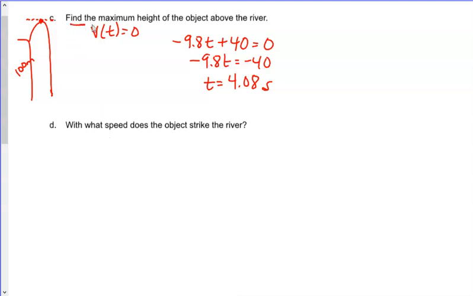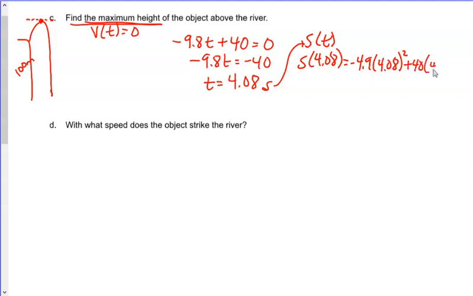But notice the question said find the actual maximum height. So I know a time at which it occurs. If I'm looking for height, aka that is the position function. Okay? So we need to plug that into S. So we need S of 4.08, which is negative 4.9 times 4.08 squared plus 40 times 4.08 plus 100.